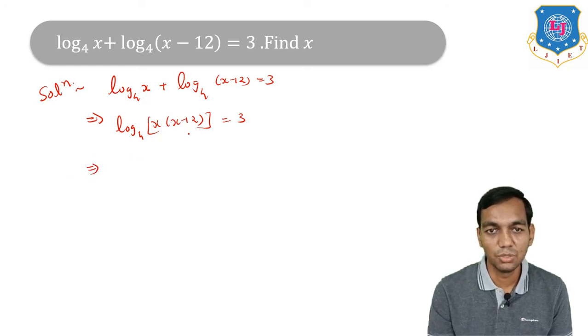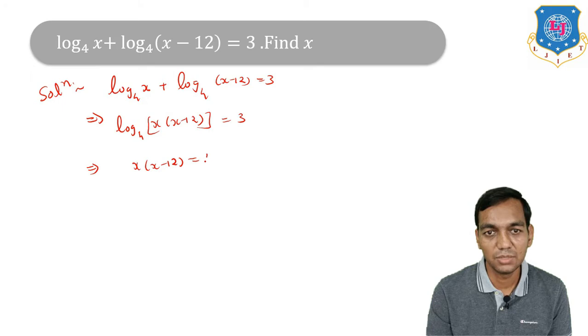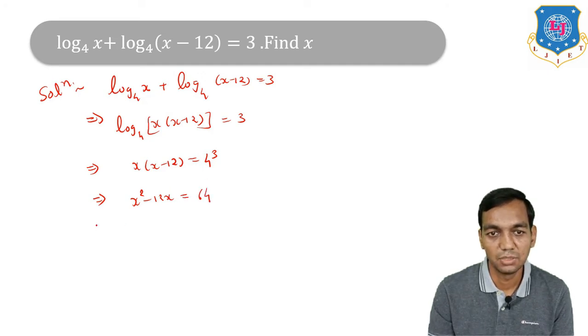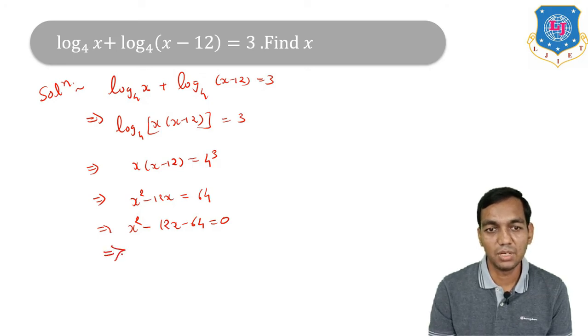Correct? So if we are going to remove the log, then we have x into x minus 12 is equal to 4 cubed. Done? So this is going to be x squared minus 12x is equal to 4 cubed, which is 64. That means x squared minus 12x minus 64 is equal to 0. Now we have a quadratic equation and we have to factorize it.